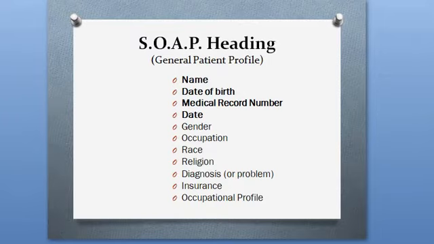I want you to think about, as we talked about randomly in classes with examples, why religion might be very important profile information to put on your patient's medical record. It is very important, and I'm not going to answer that. I just want you to ponder that and think about why it might be important.